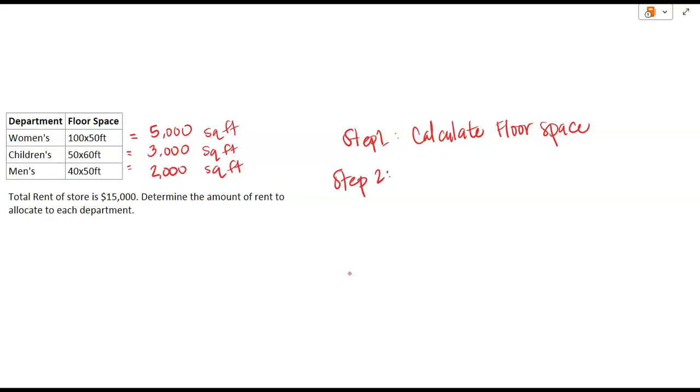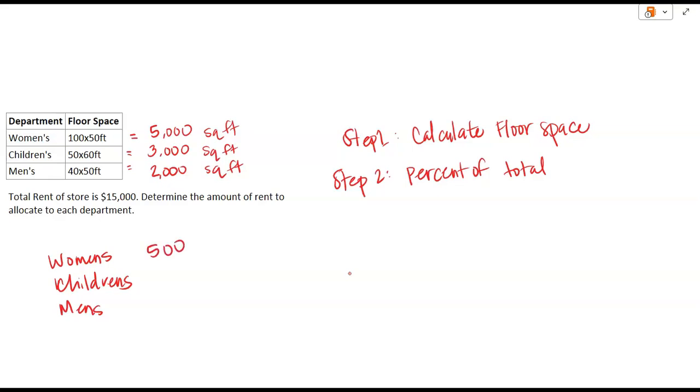And step 2 is to figure out the percent of total for each department. To do that, I'm going to take my women's, children's, and men's.